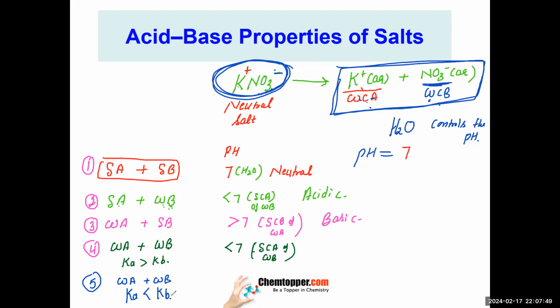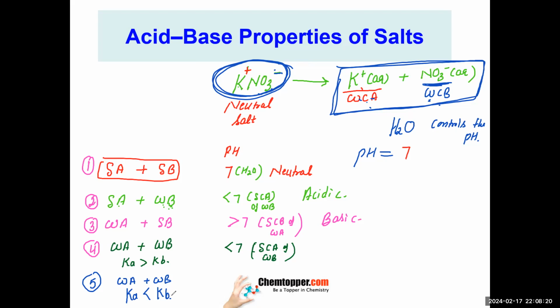Acid is weaker. So who has the stronger conjugate? Weak acid. And what is the conjugate of weak acid? Is it an acid or a base? So it's a strong conjugate base. So that's the one who is going to control the pH.